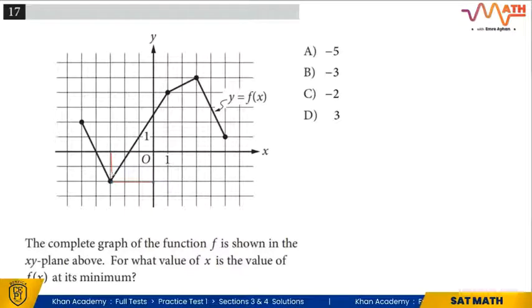What is x here? It is negative, right? For simplification, f of x, its minimum value at this point is the output y value. So at what value of x? It is negative 3 here.